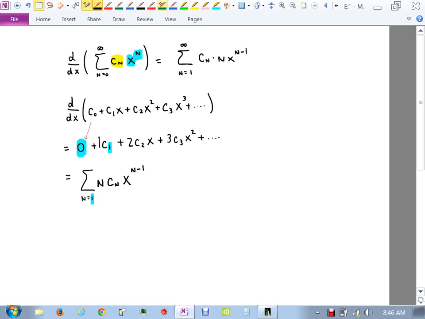For every one of these terms we have the n in front, and the power on x is 1 less than n. So here it would be 0. Then we have our c sub 1; here's our n, the power here is 1, that's n minus 1. And then our c sub 2 is in front. That pattern continues the whole way. So this matches our formula, and therefore this formula is correct.